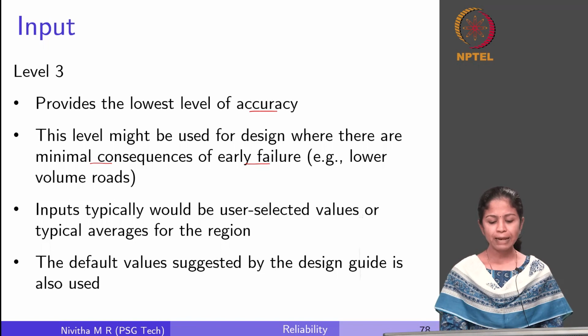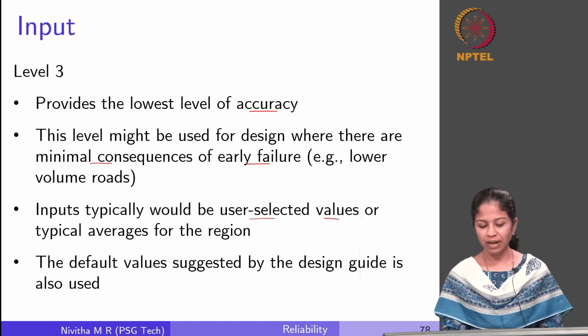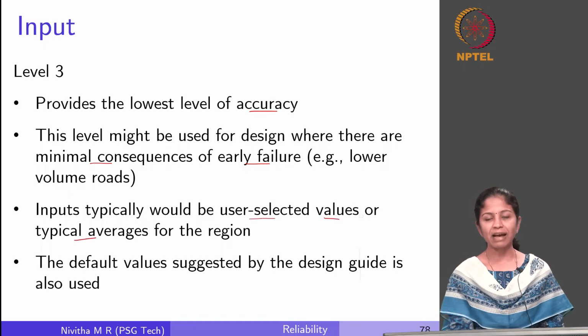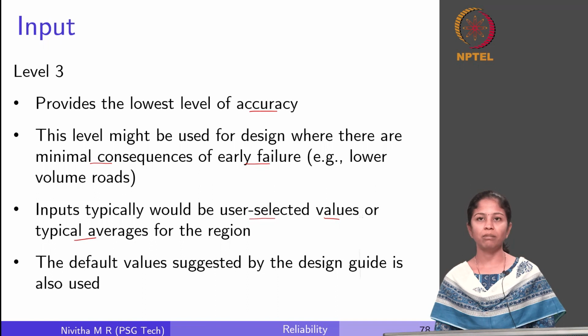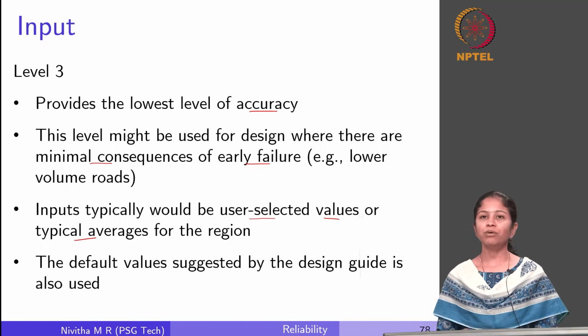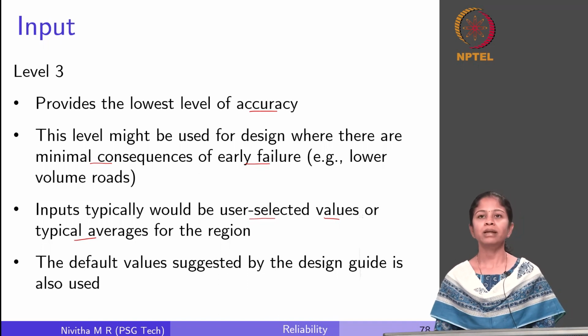So, the inputs would be user selected values or typical averages for the region. Again, if I recollect the same example which we were talking about, the dynamic modulus, I do not even have to measure a dynamic modulus, I might use a default value available for a bituminous mix, right. So, that kind of values could be adopted.